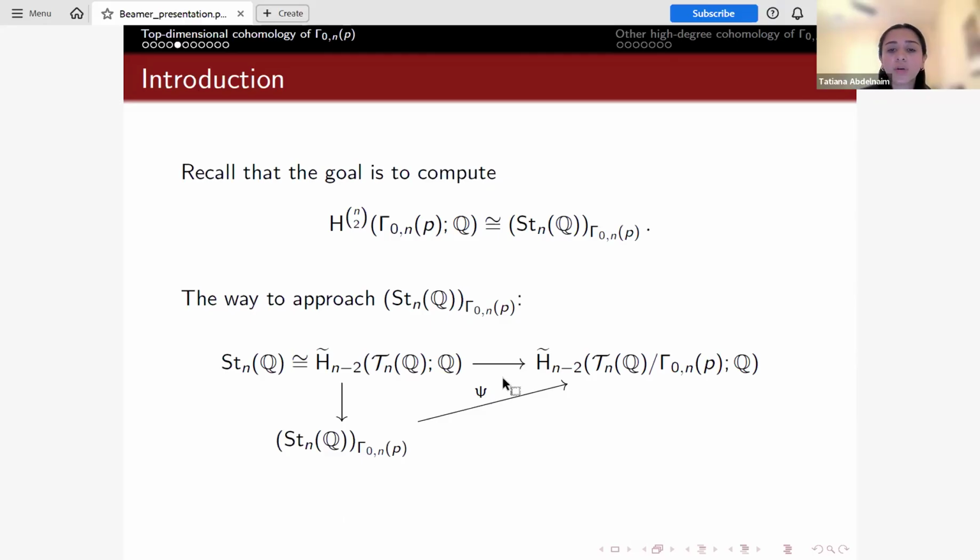And the reason we do so, and we don't directly go into computing the coinvariance, is that this object tends to be hard to compute directly. But the Tits building mod gamma tends to be an easier object to work with. And it turns out that in this case, it has a very simple description.